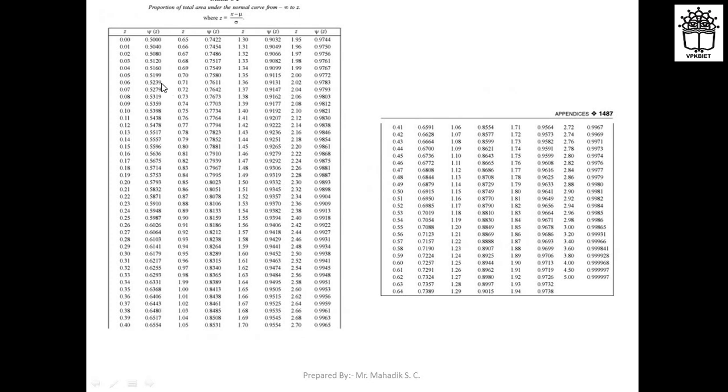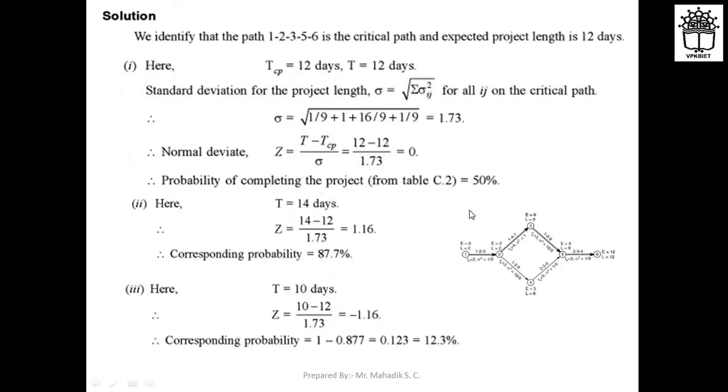Let us check for 1.16 how much the value will be from this distribution. Here for 1.16, you can see it is 0.87, right, on the right hand side. So 0.87, nothing but 87%, is the probability that the project can complete.